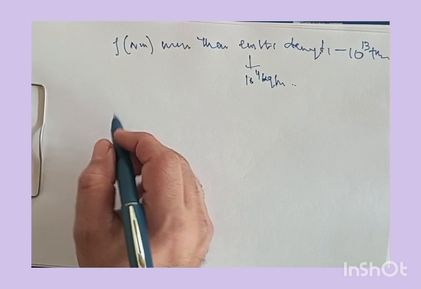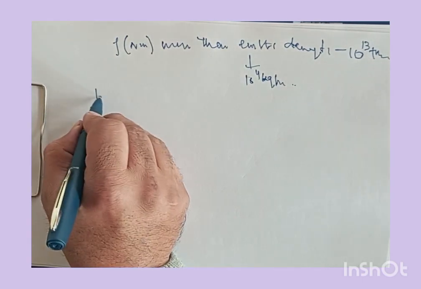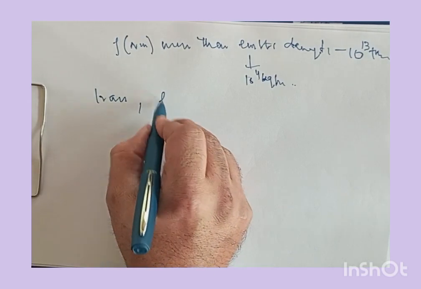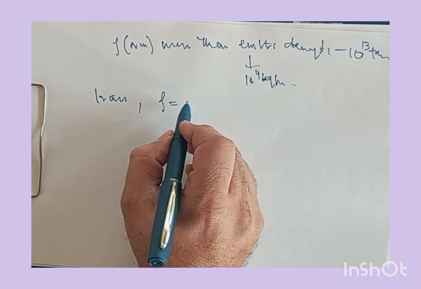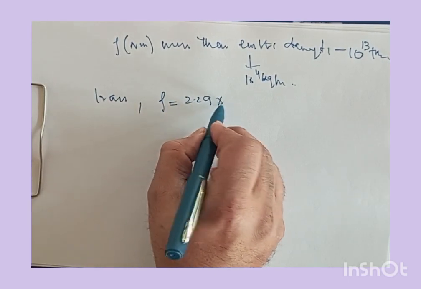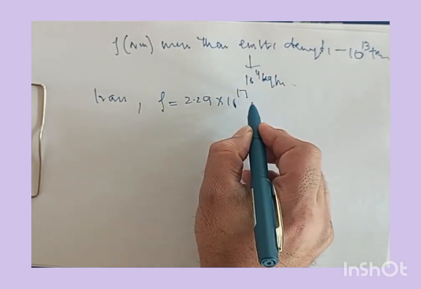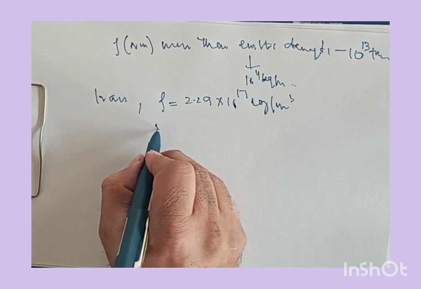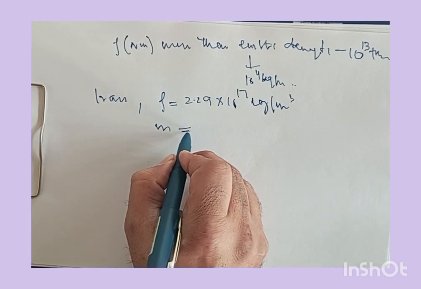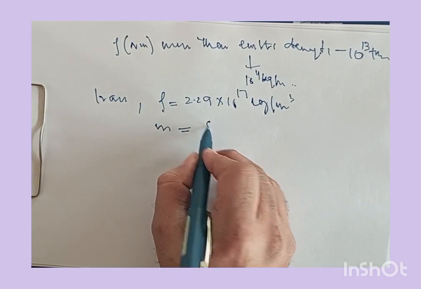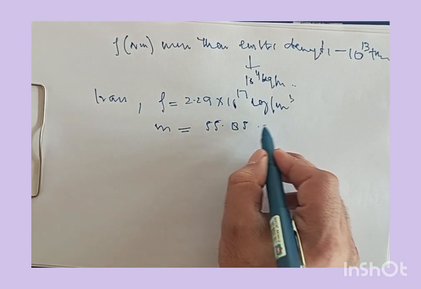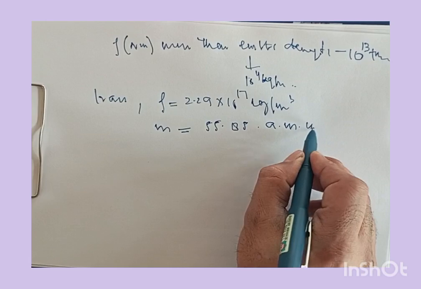Now, let's take an example of iron. This iron has a nuclear density of 2.29 times 10 to the power of 17 kilogram per meter cube, and the mass of this iron nucleus is nearly 55.85 atomic mass units.